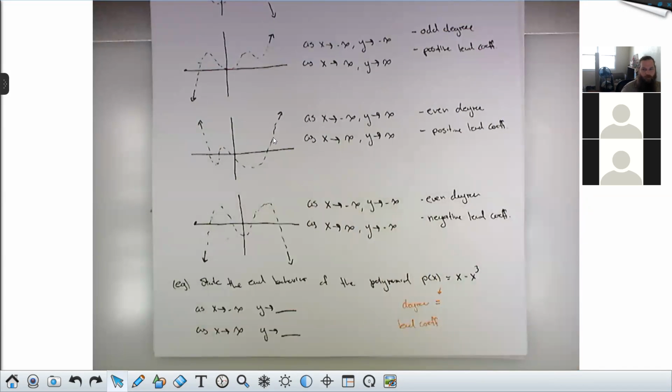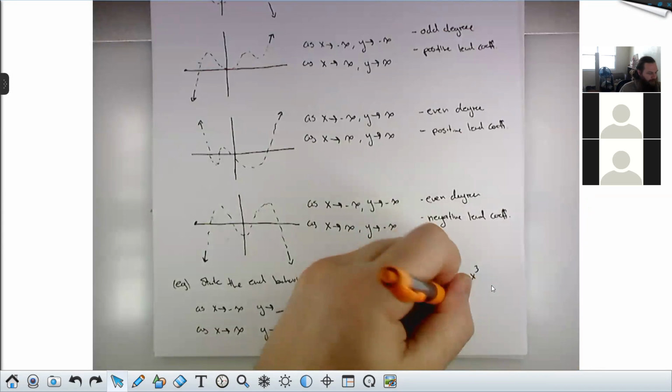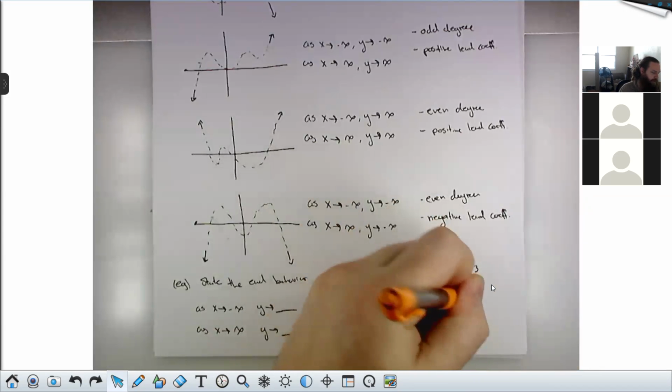Degree first. What is the degree of this polynomial? Yeah, good. 3, right? The largest power of x anywhere is 3. So the degree here is 3, which is odd.